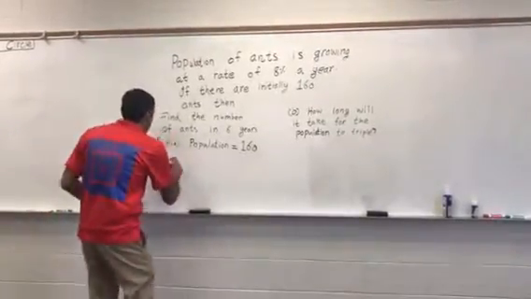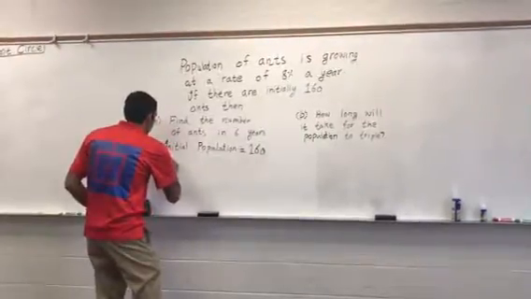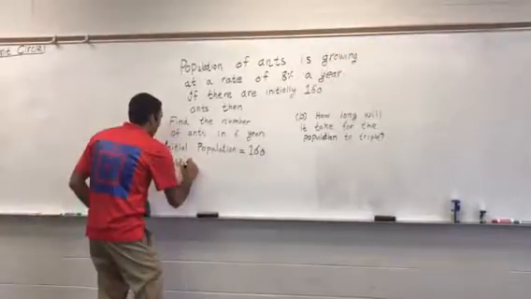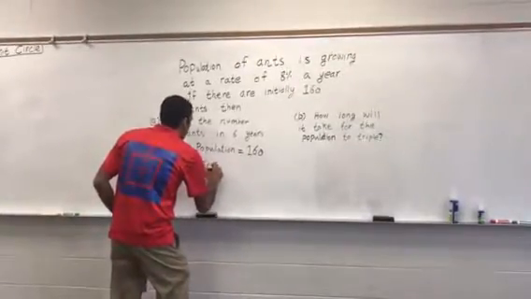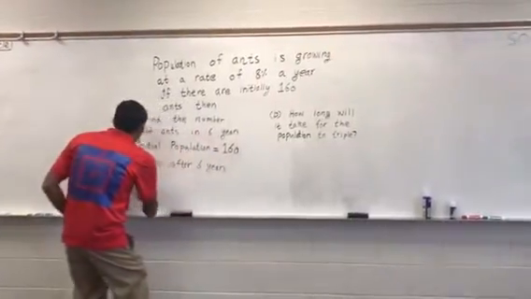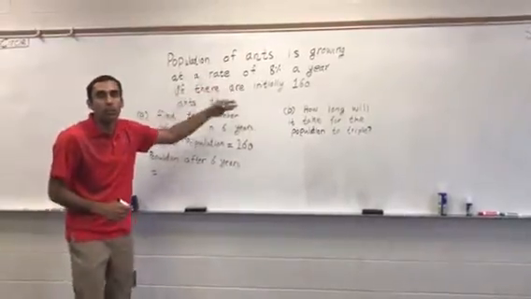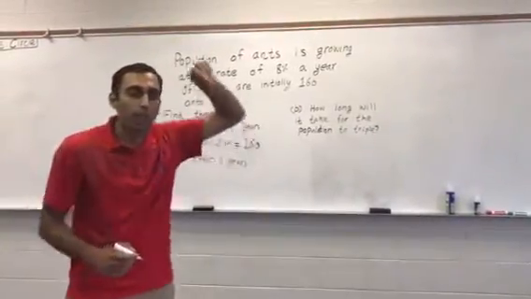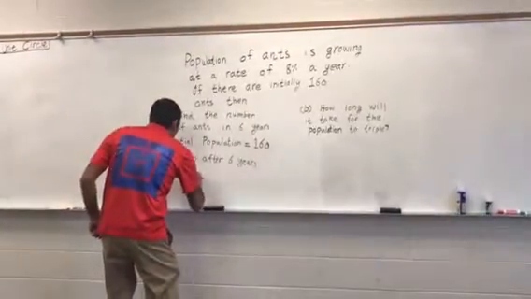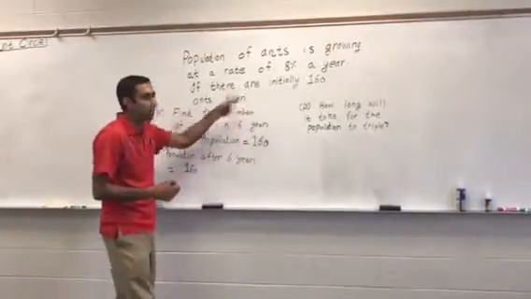So population after 6 years is equal to, you start with what's given to you, the initial population. So how many ants we have today is 160. Okay. And it's growing at 8%.